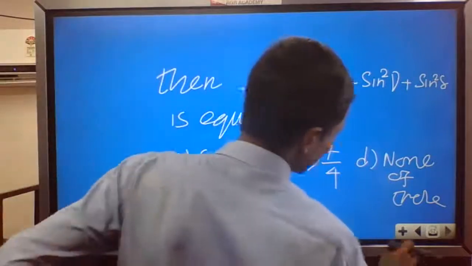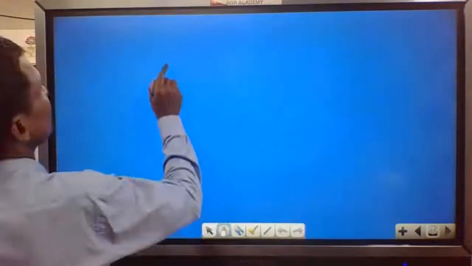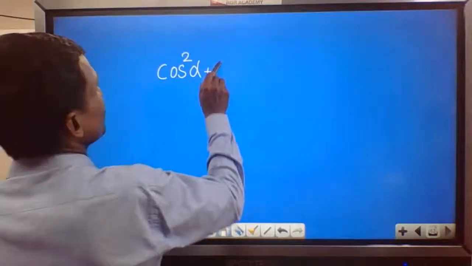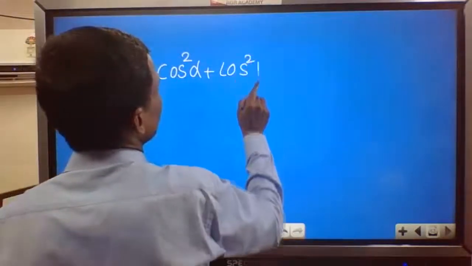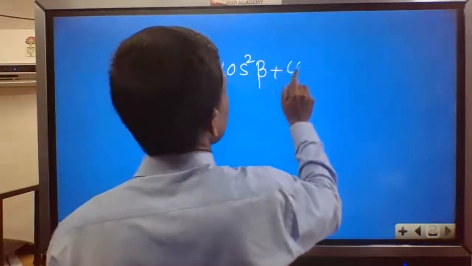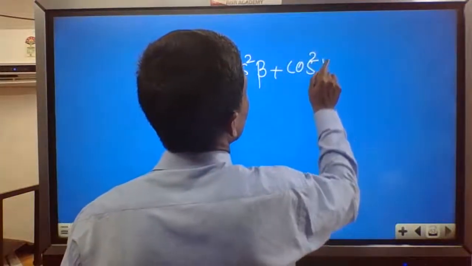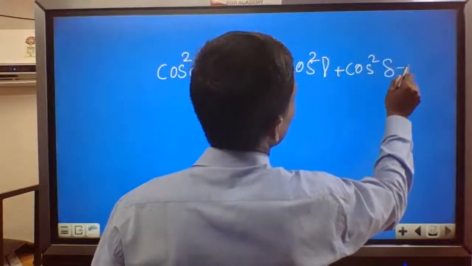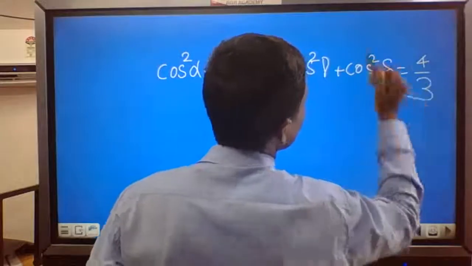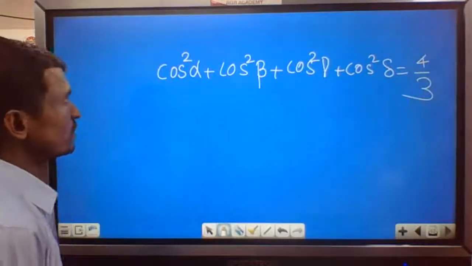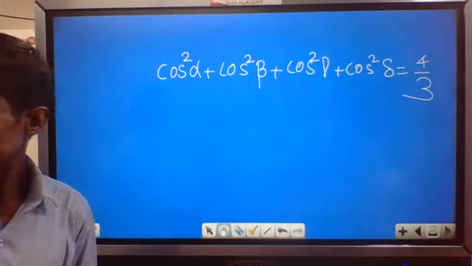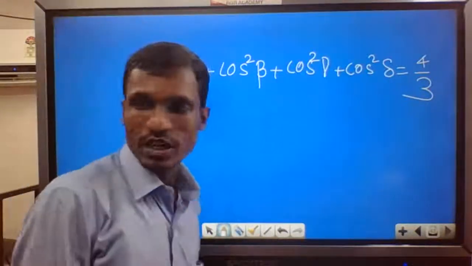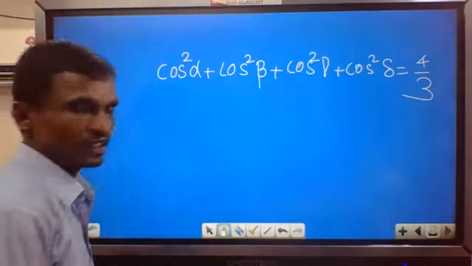So we know that cos squared alpha plus cos squared beta plus cos squared gamma plus cos squared delta equals 4 by 3.